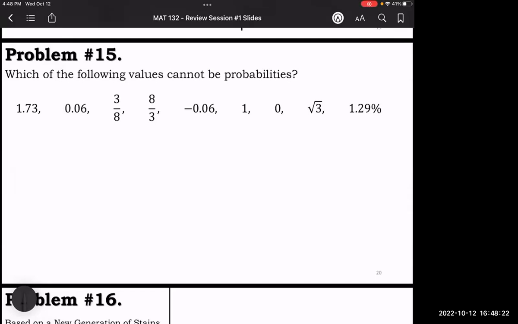What do we know about the probability of some event A? It's always between 0 and 1, right?